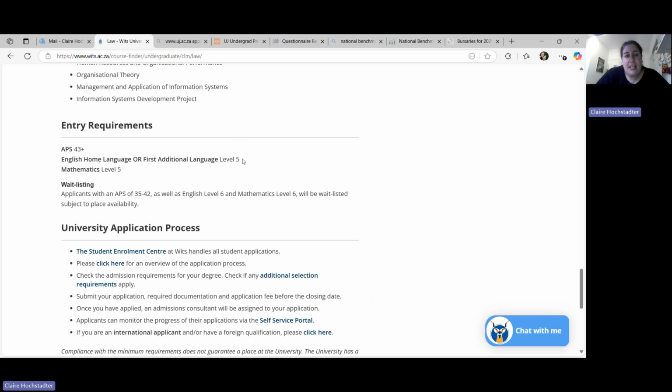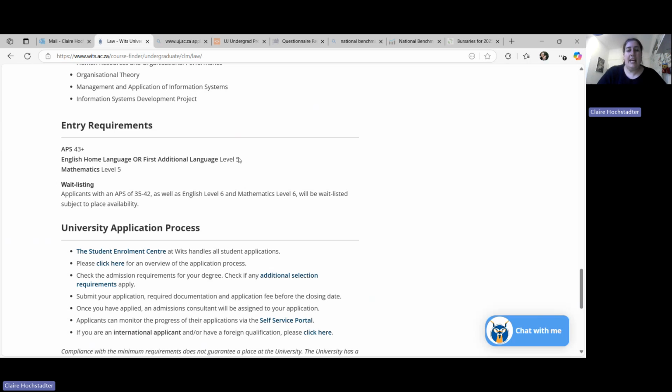You then move on to the next one that says mathematics, also at level 5, which is also a 60%. So in order to apply for this course, you have to have 43 points, you have to have 60% in your home language, and you have to have 60% in mathematics.